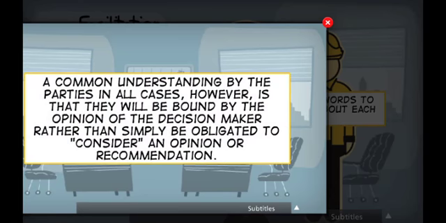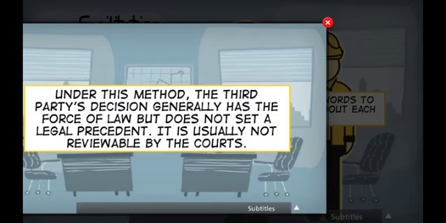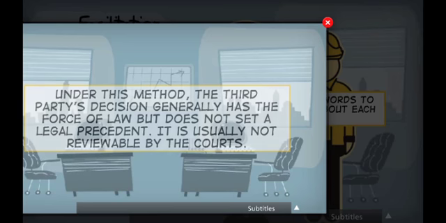A common understanding by the parties in all cases, however, is that they will be bound by the opinion of the decision-maker rather than simply be obligated to consider an opinion or recommendation. Under this method, the third party's decision generally has the force of law but does not set a legal precedent. It is usually not reviewable by the courts.